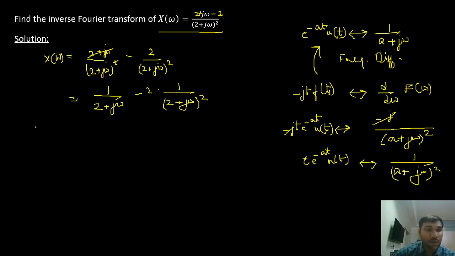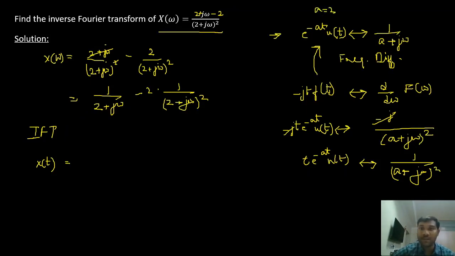Now I'll apply inverse Fourier transform on both sides. The inverse Fourier transform of X of omega is x of t, that is equal to the inverse Fourier transform of 1 by 2 plus j omega. In this Fourier transform pair, I'll just substitute a equals 2.